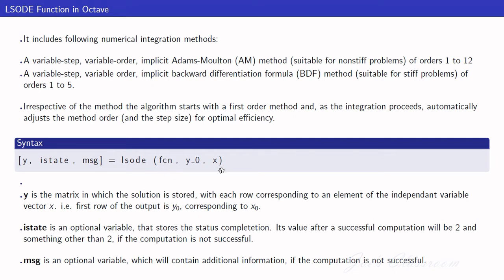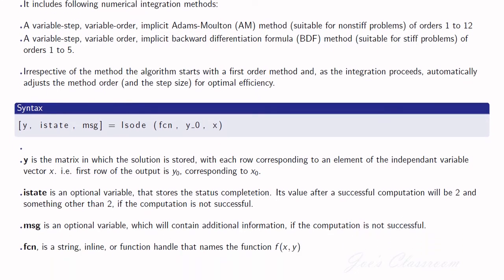When it comes to the arguments, the first argument is FCN. FCN is a string, inline function or function handle that names a function f of x comma y. F of x comma y is nothing but the right side of the differential equation when it is expressed in the form y dash is equal to f of x y.